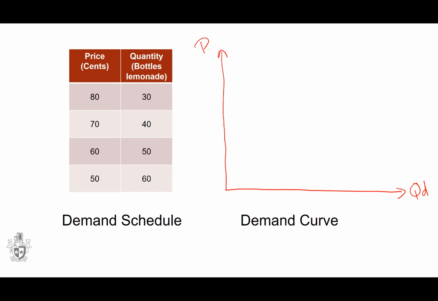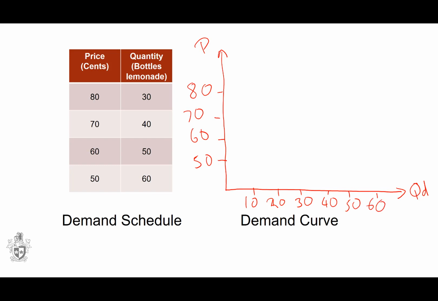So we have 4 price points, 50, 60, 70, 80. In terms of quantity demanded, and the last point is 60.